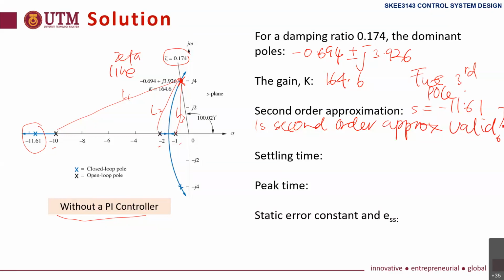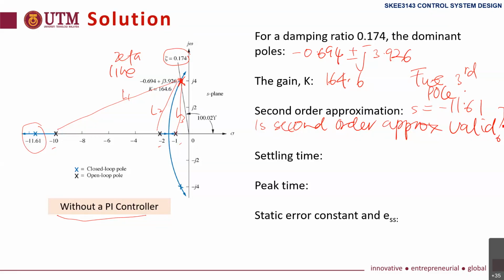Oh, sir, it needs to be 5 times larger. So is it valid for this case? Invalid? Why? From 2 to 11.61, right? Oh, no, sir, it's valid from -2 to -10. It's valid.